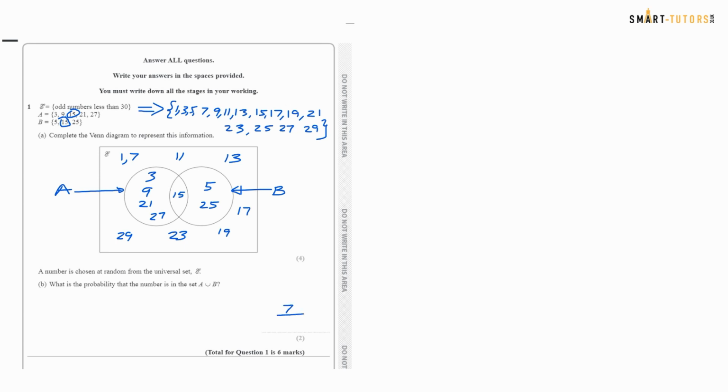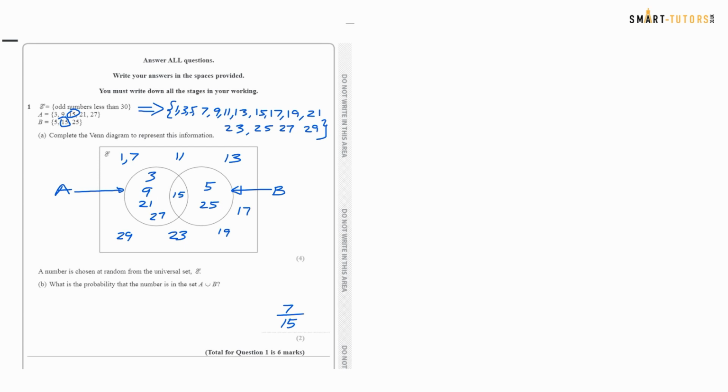How many numbers are inside A or B? 1, 2, 3, 4, 5, 6, 7 out of the total number, 1 to 15. So 15 is the total number. 7 out of 15 is the probability for A union B.